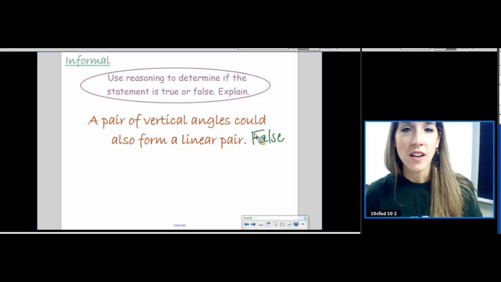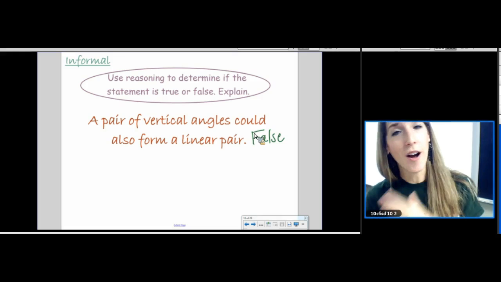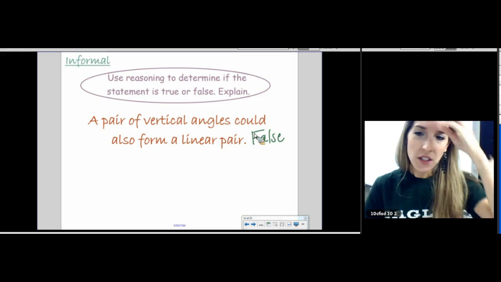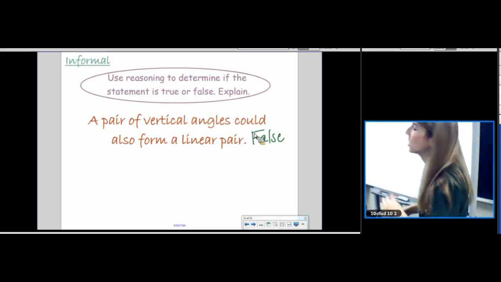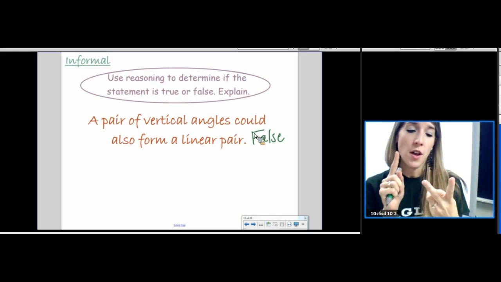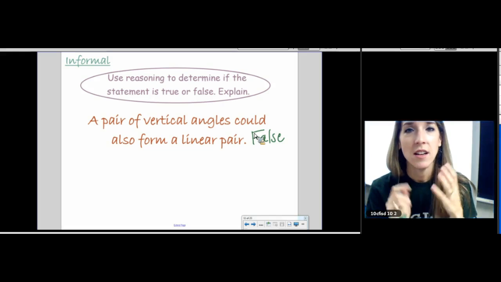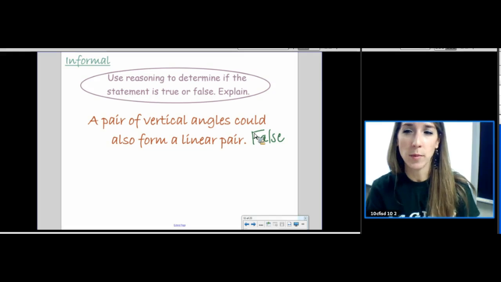By definition, angles that form a linear pair are adjacent, and angles that are opposite cannot be the same as angles that are adjacent. So if you're proving informally, you could draw a picture, you could call on the definitions, you could write a sentence. There's all different ways if you're informally just showing that something's false, okay?